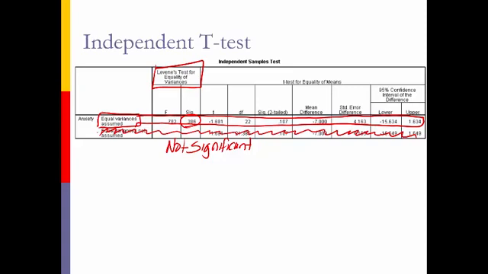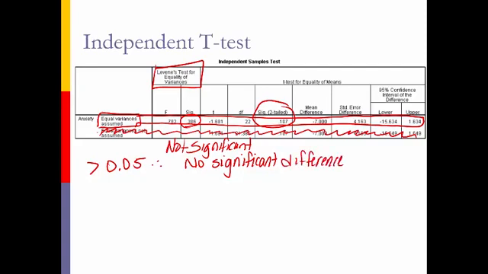And here's our significance right here. Our significance is greater than 0.05, which means there's no significant difference in the anxiety.